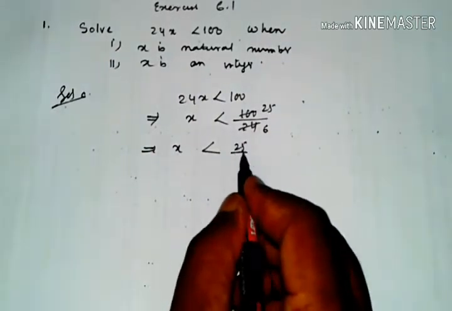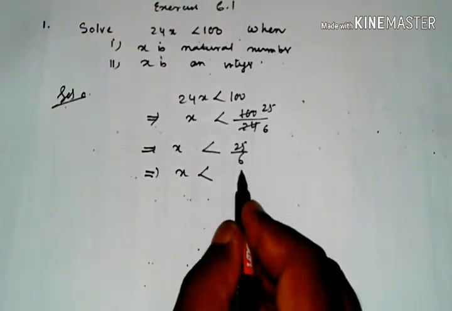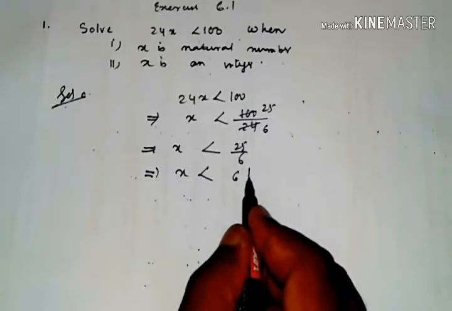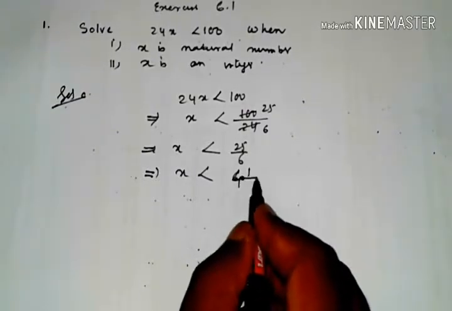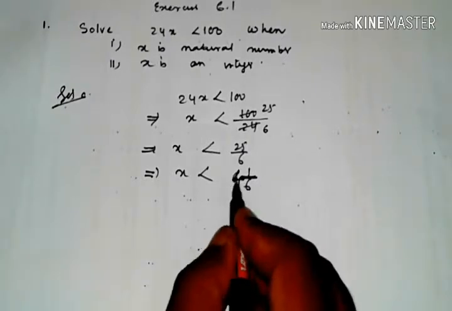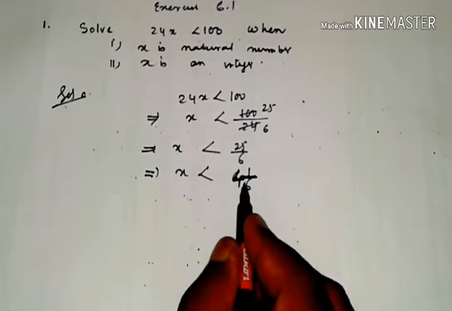This is 25 by 6, so x less than 4 and 1 by 6.